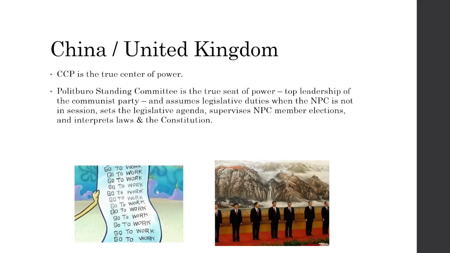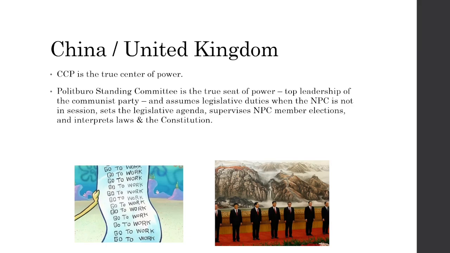Now, China and the United Kingdom. We talked about how the NPC, according to the Constitution, is the true center of power. However, it's the entire Chinese Communist Party. Now we have the Politburo Standing Committee, which is the true seat of power. If you want a real organization, this is what you want to look at. They're the top leadership of the Communist Party, so they're a small portion of it.